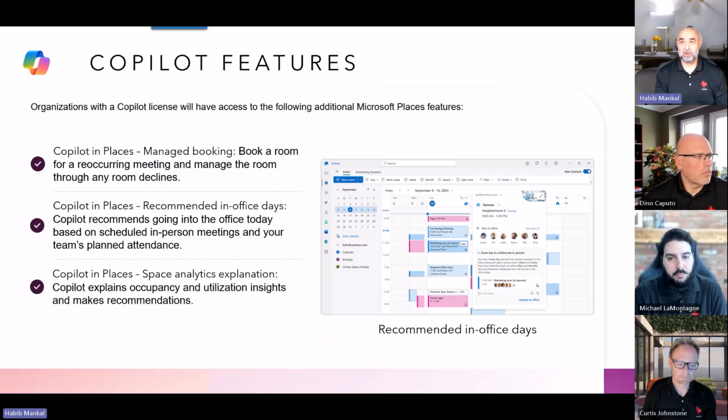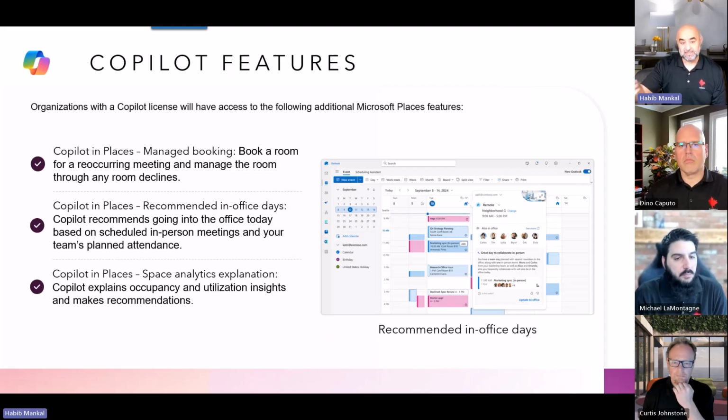Or maybe you can ask, are my rooms being underutilized or overutilized, and then maybe I can take some of the space and build new meeting room spaces in the office, right? So you can use Copilot to start asking natural language questions from that perspective.